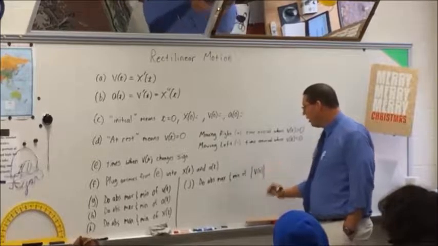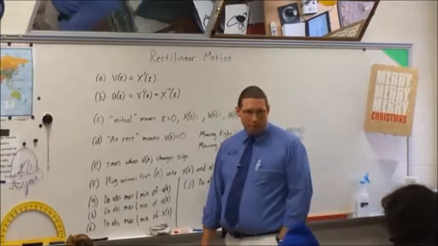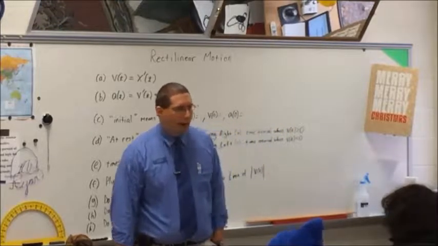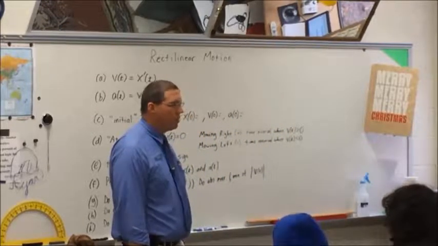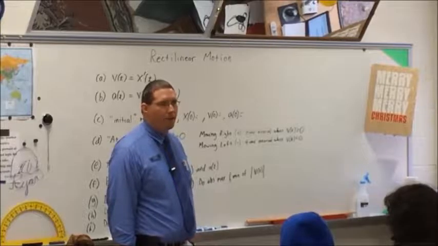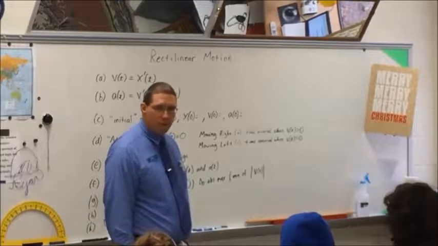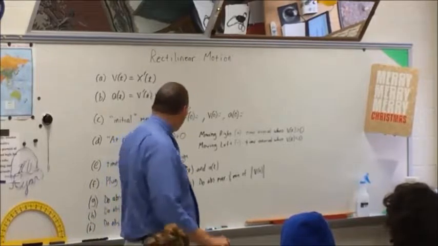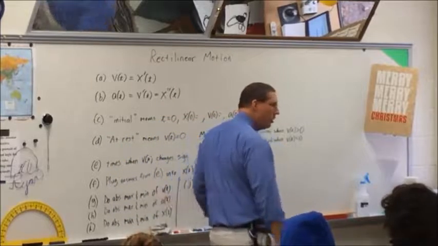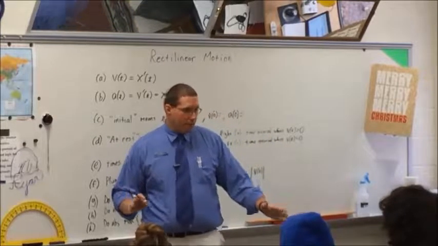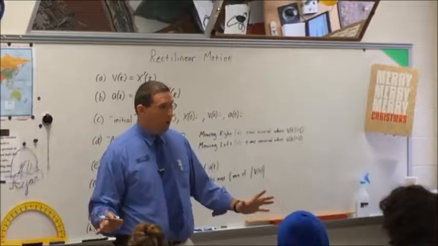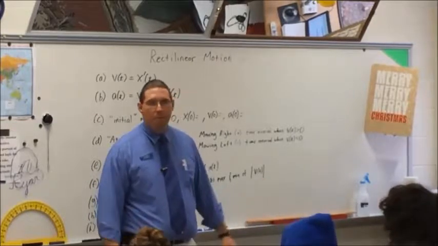Now, what is the lowest possible number that you can have? What is the lowest value you can possibly have on minimum speed? 0. 0, that's correct. So if the velocity function touches the x-axis ever in your problem, then the minimum speed is 0.